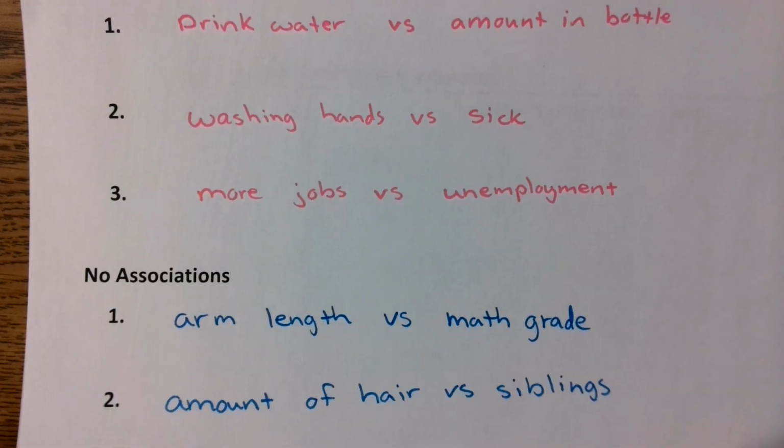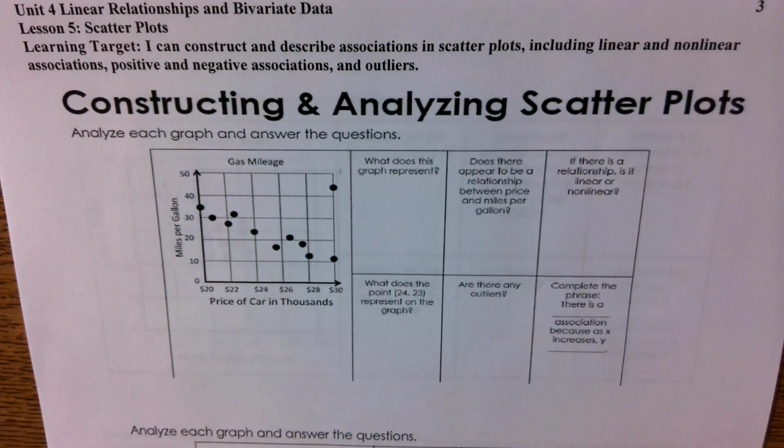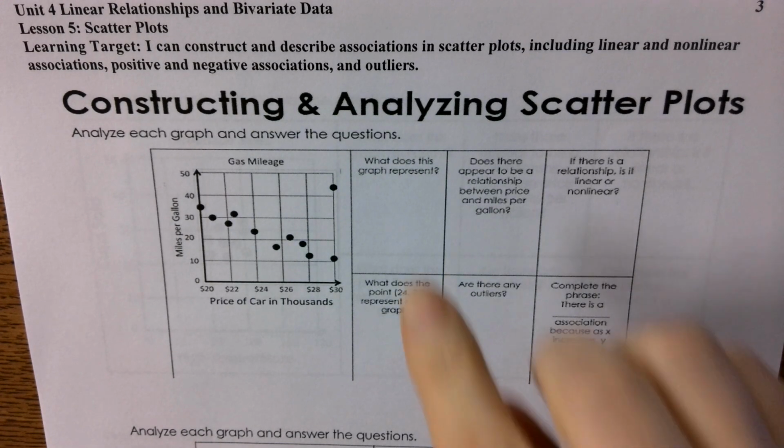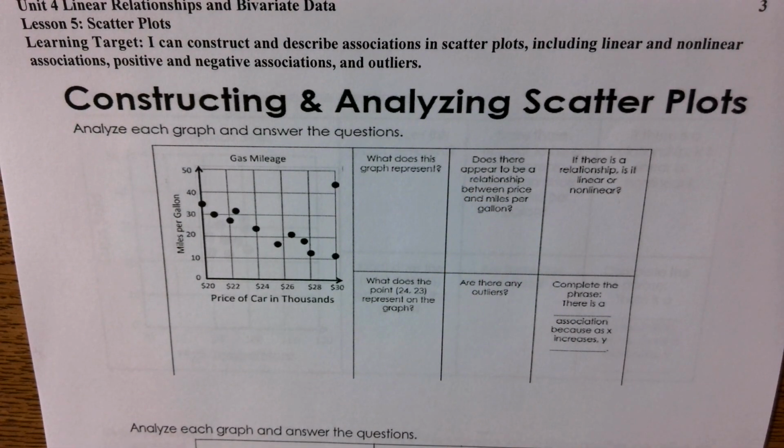All right, let's go on to the next page. So constructing and analyzing our scatter plots. When we are constructing and analyzing a scatter plot, there are a few things that we need to make sure that we are reading through and checking. So we want to know, what does the graph represent? We want to know what kind of relationships are being presented to us.